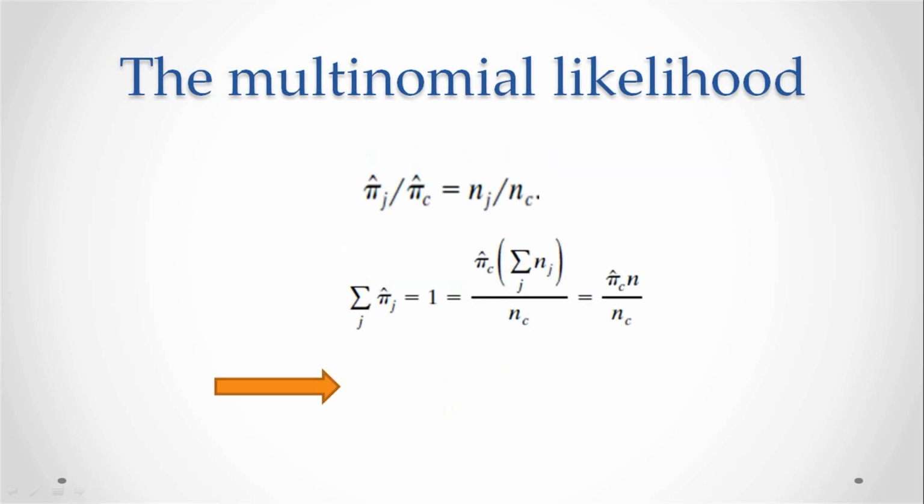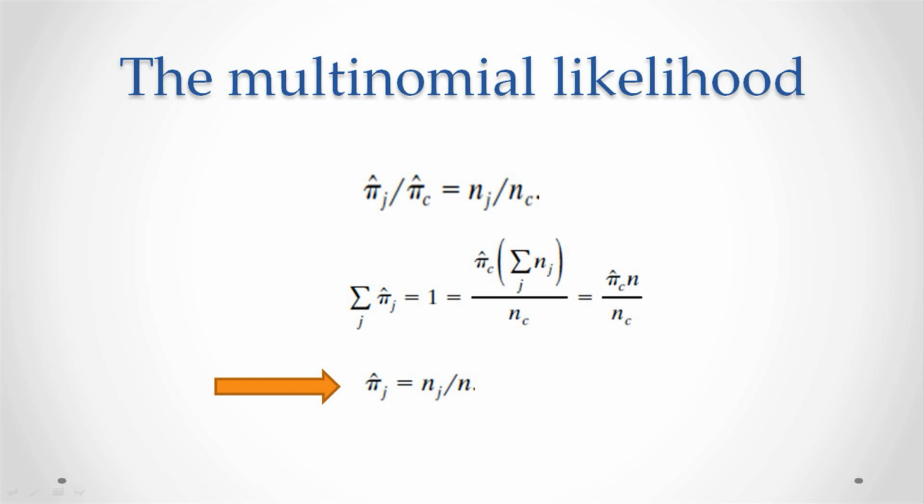This means that the maximum likelihood estimator obeys the relationship pi j hat by pi c hat is equal to nj by nc, and using the restriction summation of pi j hat equal to 1, equal to pi c hat into summation nj over j by nc, equal to pi c hat n by nc, where n is the total sample size, leads to the maximum likelihood estimators pi j hat equal to nj by n.